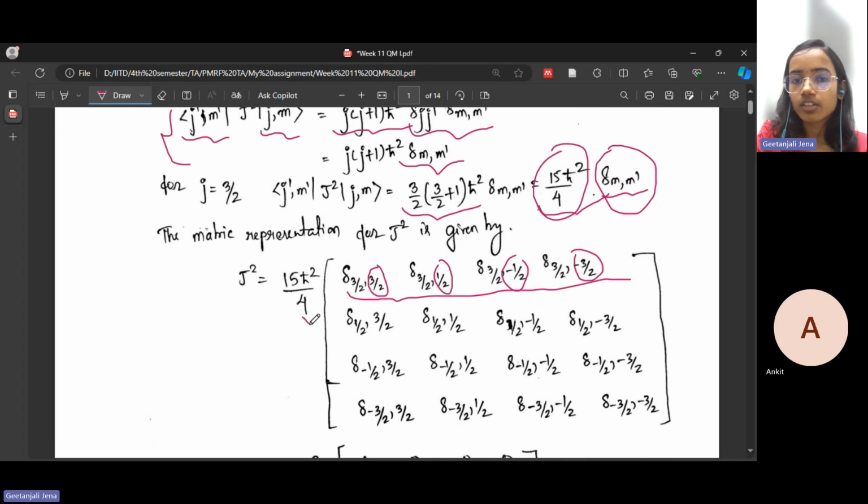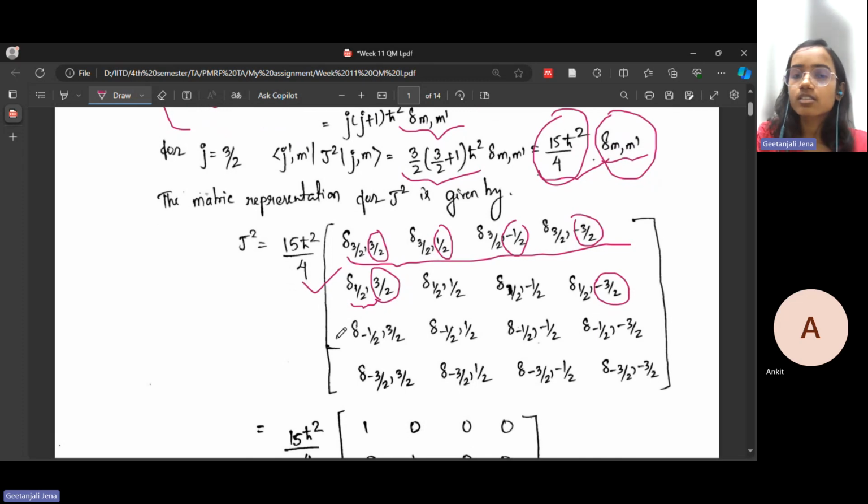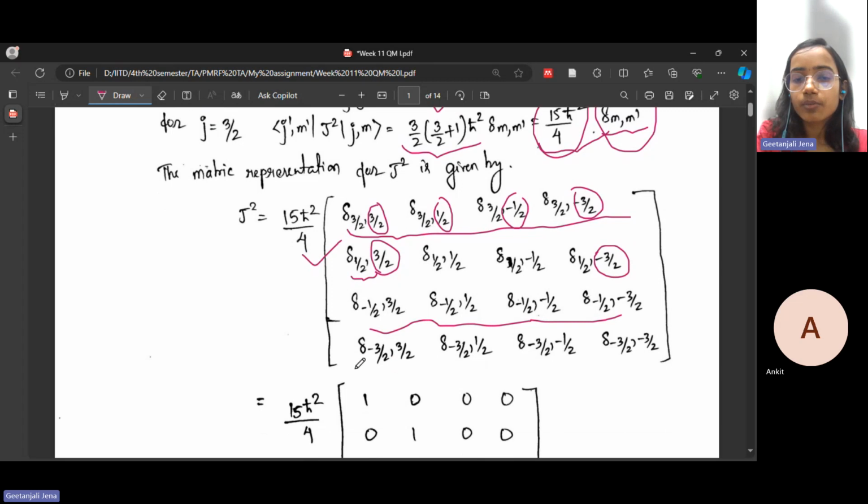Similarly, for the second row you change the value of m to half, and again change m' from 3/2 to minus 3/2. For the third row, m is minus half, and for the fourth row, the value of m is minus 3/2, with m' again changing from 3/2 to minus 3/2.